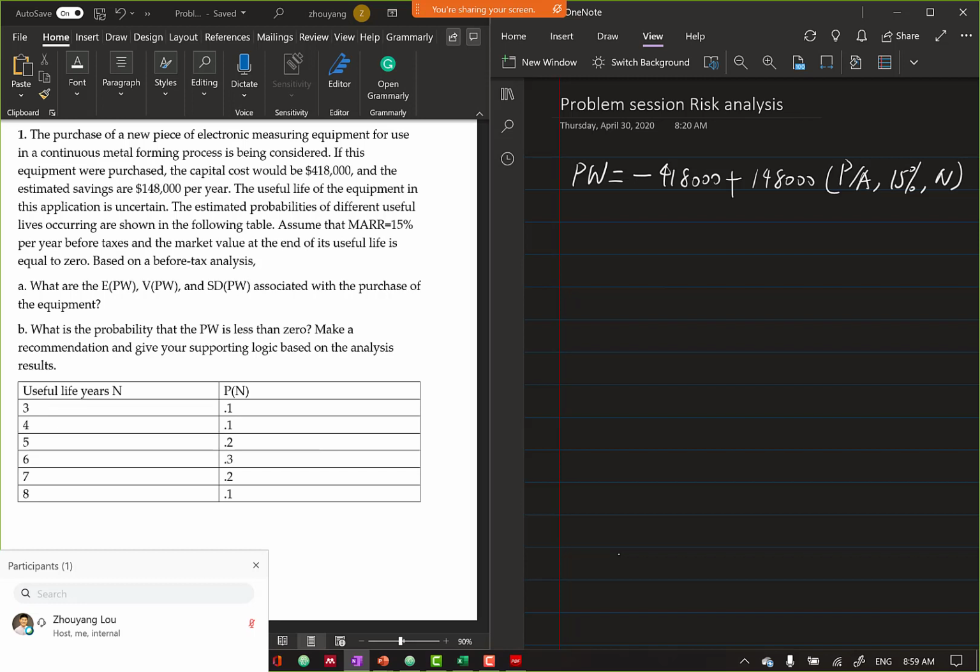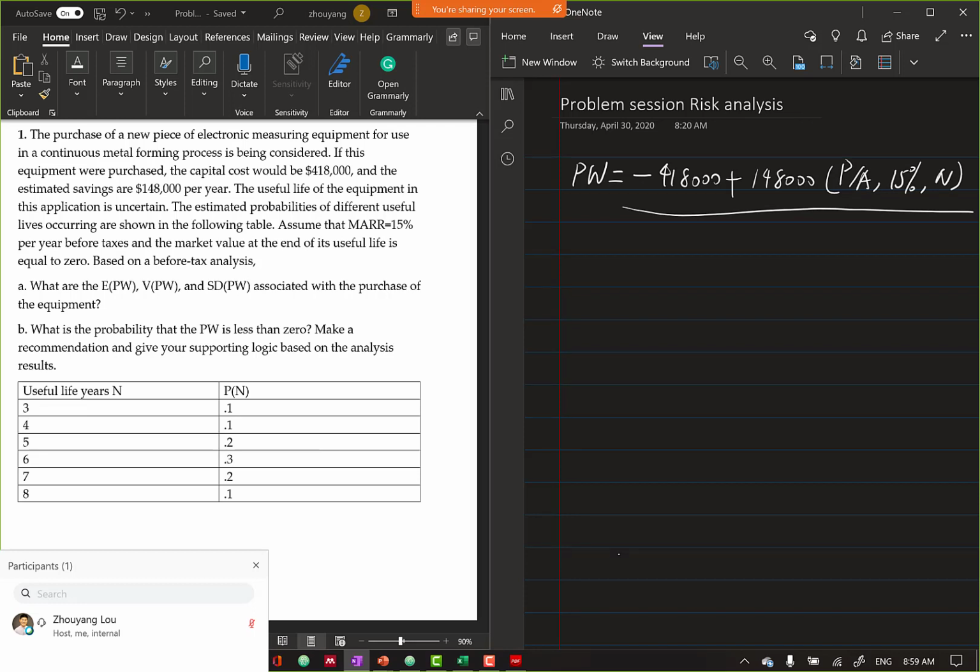Because we have a useful life that has a probability distribution, so we are uncertain about its useful life for some number of years that ranges from 3 to 8, given in this table on the left. So we want to calculate this present worth for each year, and then we can take an expectation of that.